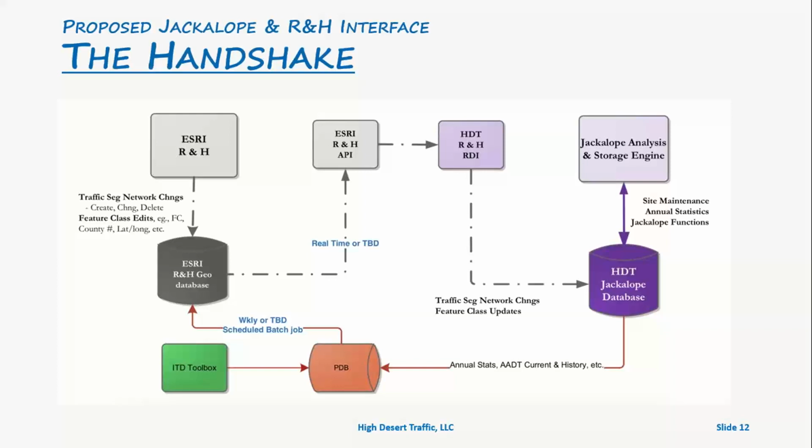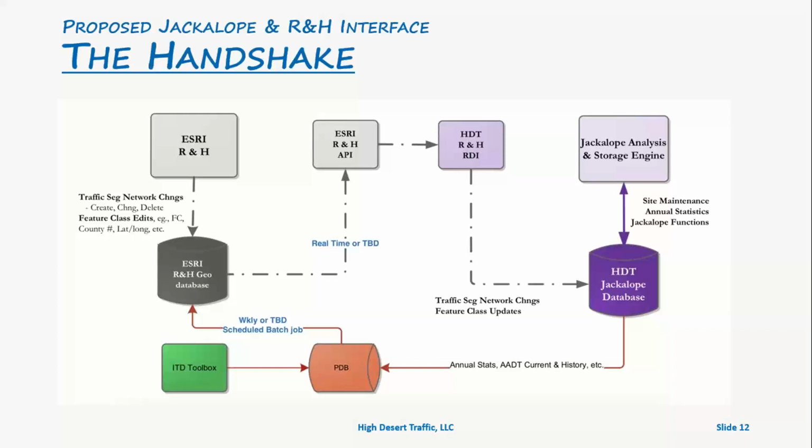And so once it gets to the Esri Roads and Highways API, this is clean. You've already filtered out the stuff that you don't want to deal with, and you've already made the changes that you need to make, and it's sitting out there ready for us to consume in the Esri Roads and Highways map server REST endpoint.